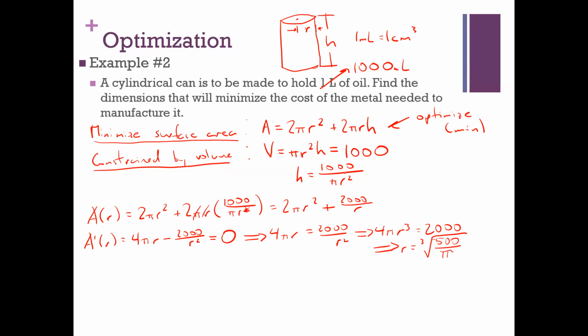I think we plug it into the volume, we're going to find height, right? Okay. We can do that. The good thing about us having solved for height earlier is we can use it in that form to get this even stranger looking number, 500 over pi to the power of 2/3.